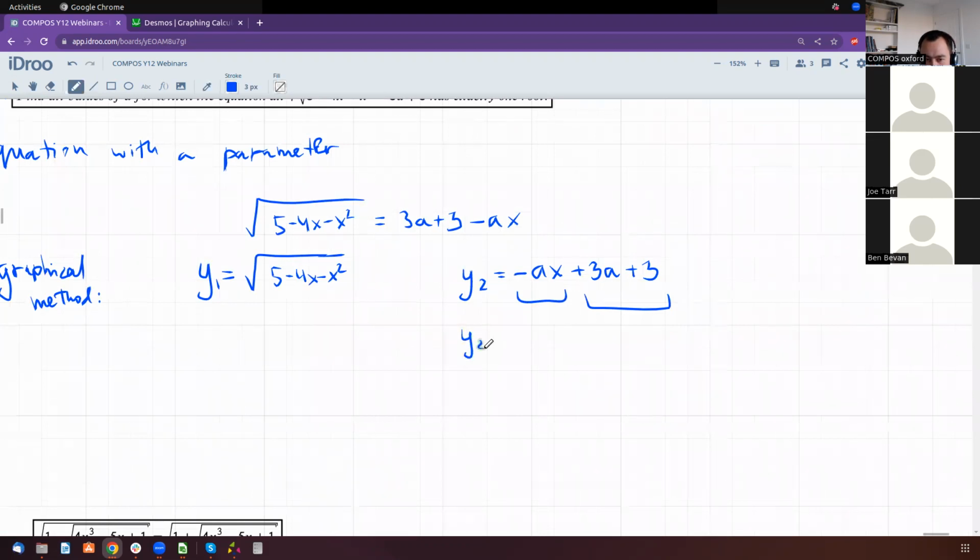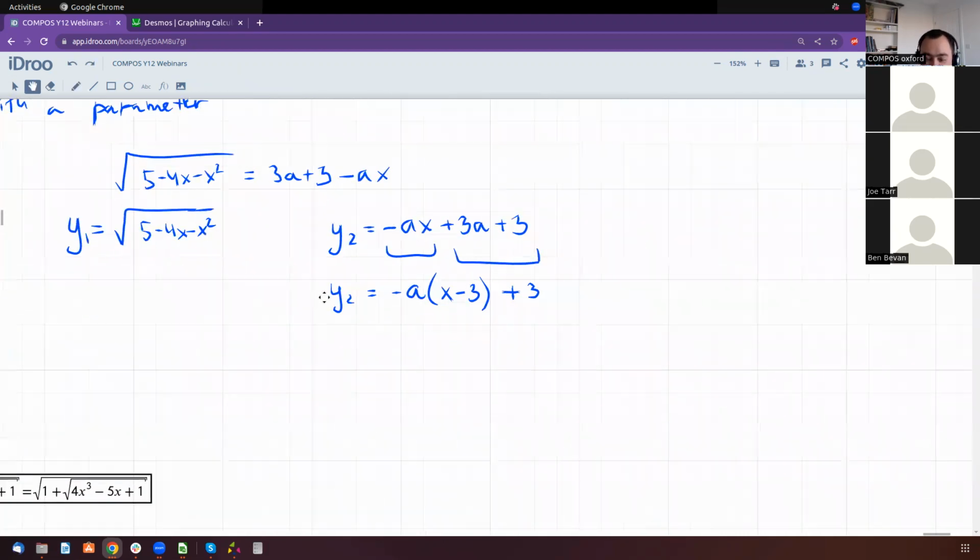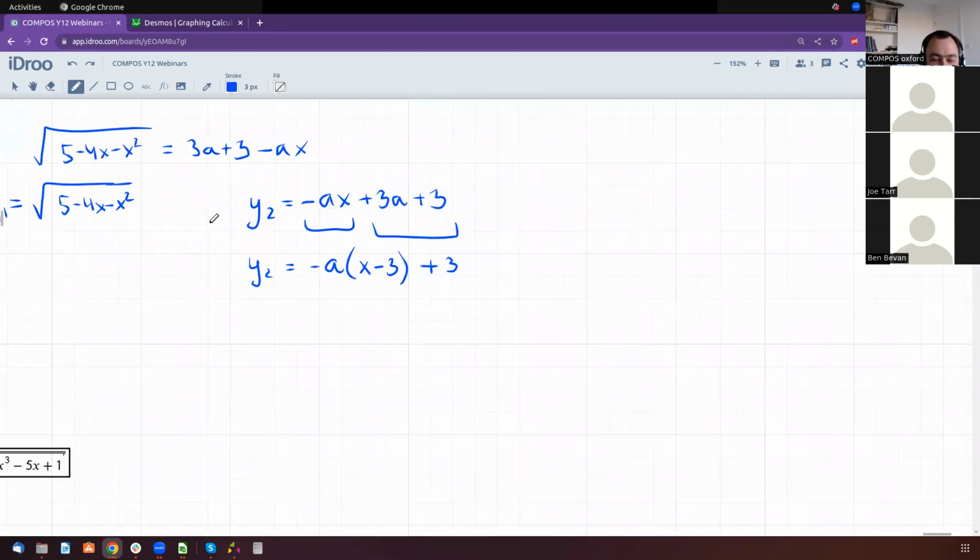So y2 is equal to minus a multiplied by x minus 3, plus 3. So it is a straight line, but look at this.